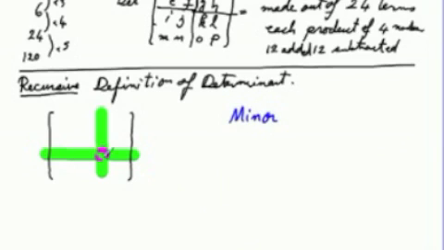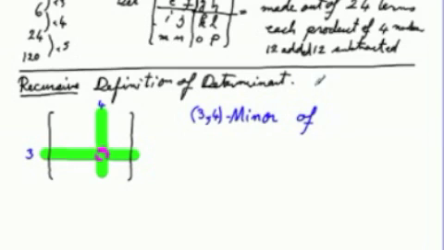If this happened to be, for example, row 3, and that happened to be column 4 of the matrix that we are eliminating, we are going to refer to this new matrix that is made out of the leftover as a 3/4 minor of the original matrix.